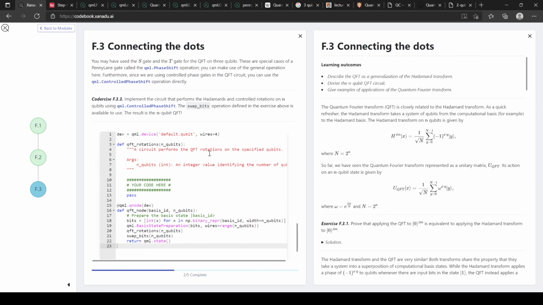Implement a circuit that performs. Okay. Oh, okay. So what we want to do is the QFT rotations.